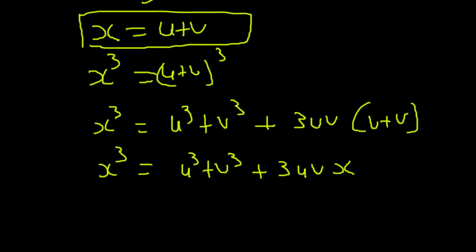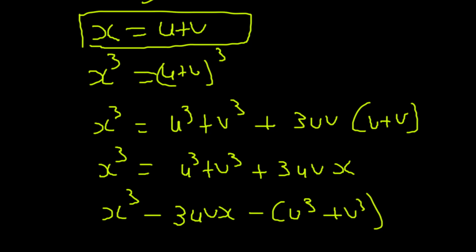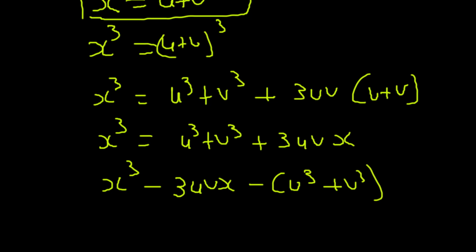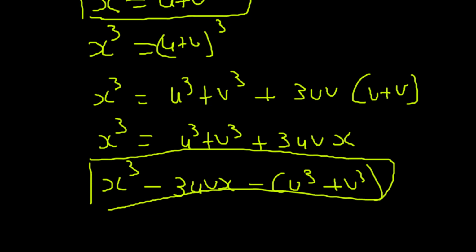Let's put those things on the left hand side. It will be x cube minus 3uvx minus (u cube plus v cube). So we got this other equation.